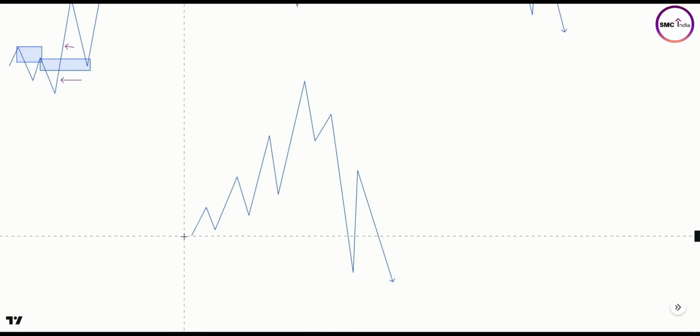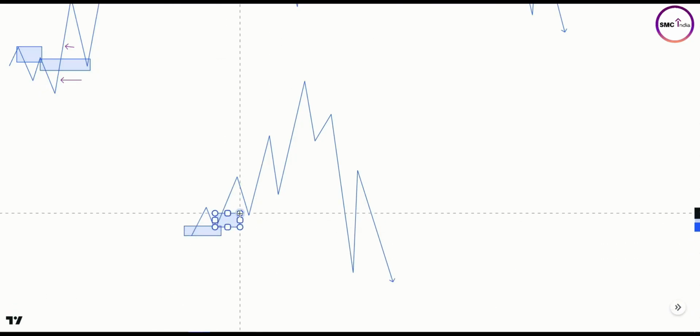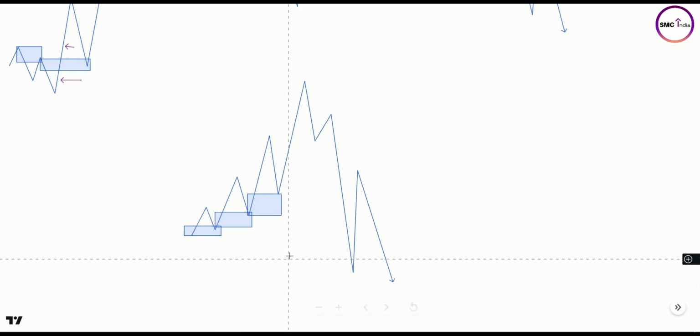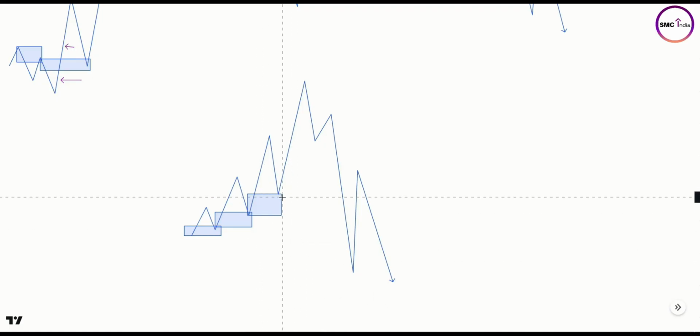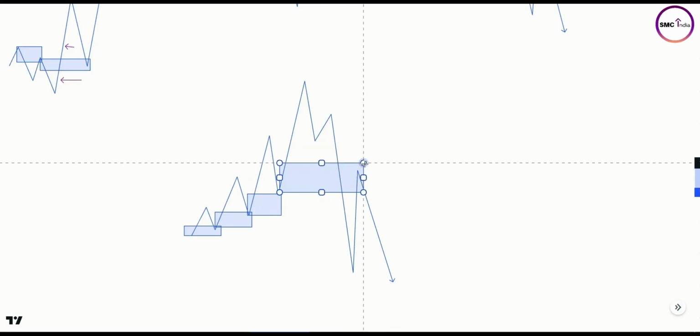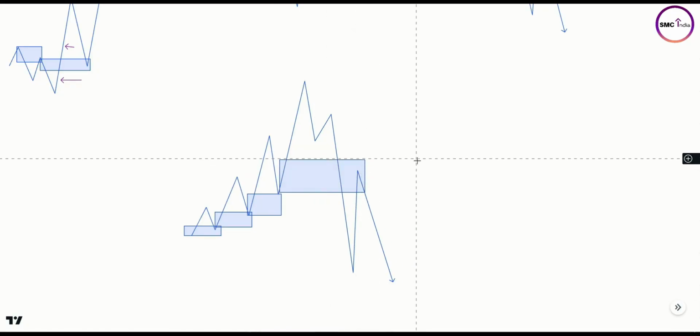So you see that this demand zone got mitigated, this demand zone got mitigated here, this demand zone got mitigated up here. So this is a valid uptrending market, that is a bullish market. But you see that this order block up here is an unmitigated order block.